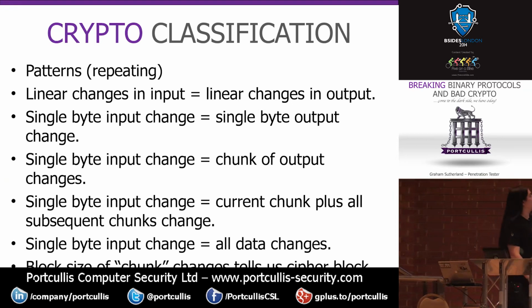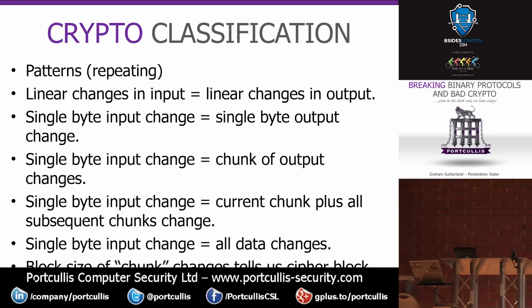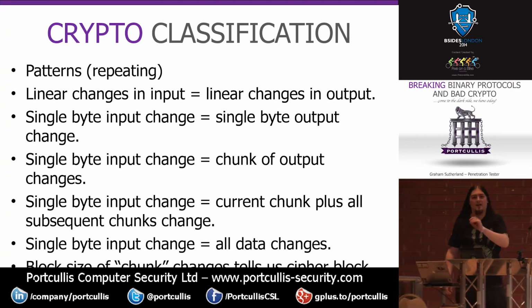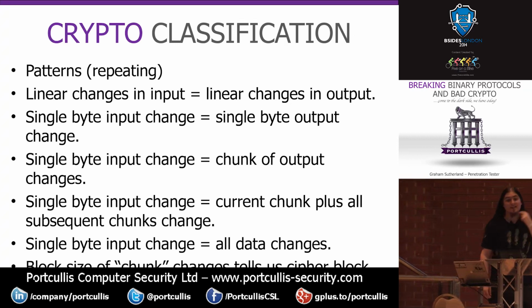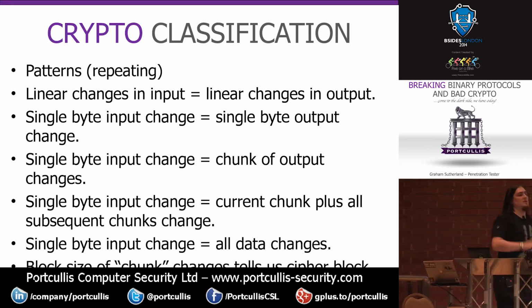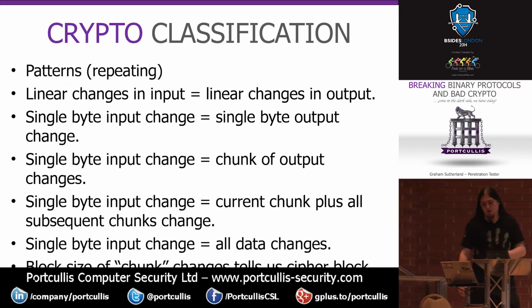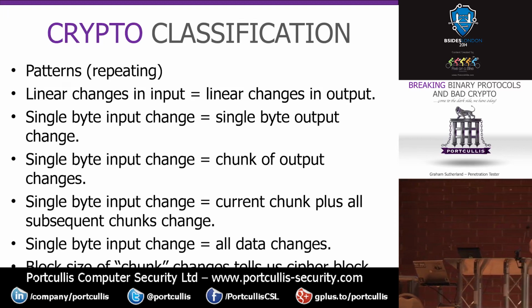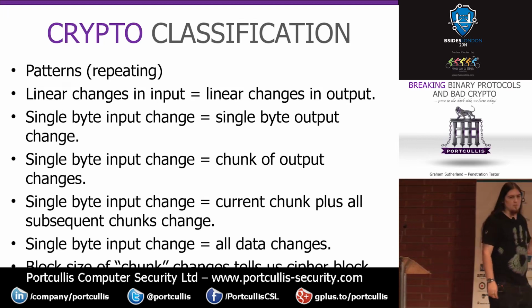That's what I mean by a single byte input change affecting the current chunk plus all subsequent chunks. That still means they did it wrong, because it should all be completely random. So if you put in a single byte change and everything changes, that probably means they're doing something right.